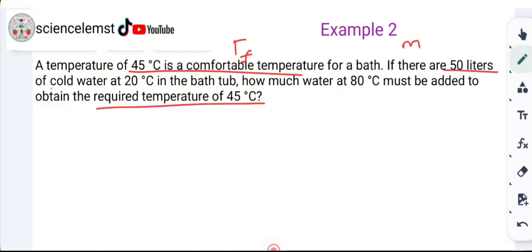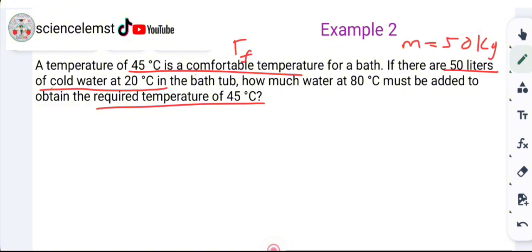If there are 50 liters of water at 20 degrees Celsius in the bathtub, so 50 liters, remember, 1 liter is equals to 1 kilogram. So it means I'm dealing with what? I'm dealing with 50 kilograms of cold water at 20 degrees Celsius. That's the initial temperature. Where? In the bathtub.